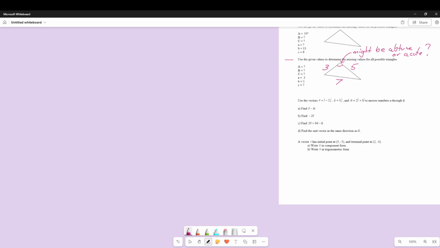So I'm going to follow that trend and find that angle opposite the 7 last, and here that angle is going to be angle C. So the 3 is opposite angle A, the 5 is opposite angle B. Okay, so we're going to find C last.